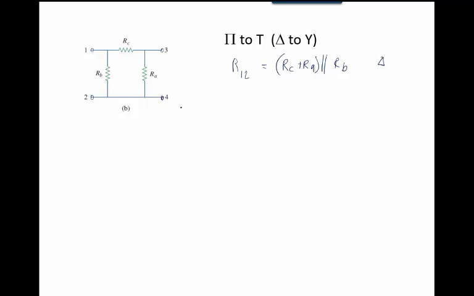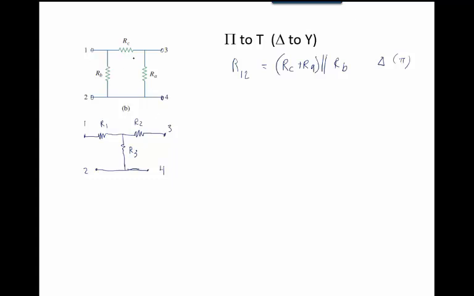But I want to convert my delta or pi circuit to a Y circuit. So I want to convert it to something that looks like this. 1, 3, 2, and 4. So I'll call this R1, R2, R3.